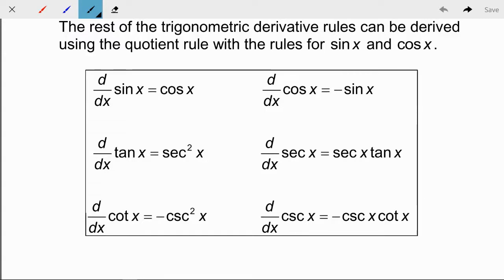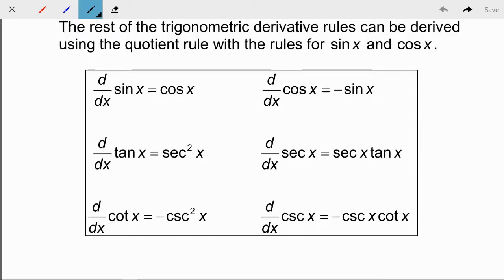So the big takeaway from this is that once we have some of these basic derivative rules defined, that allows us to build new derivative rules. And once we know enough basic rules, we can create as many derivative rules as you want. So we haven't quite gotten there yet where we have all of our basic derivative rules defined, but we have a lot of them.